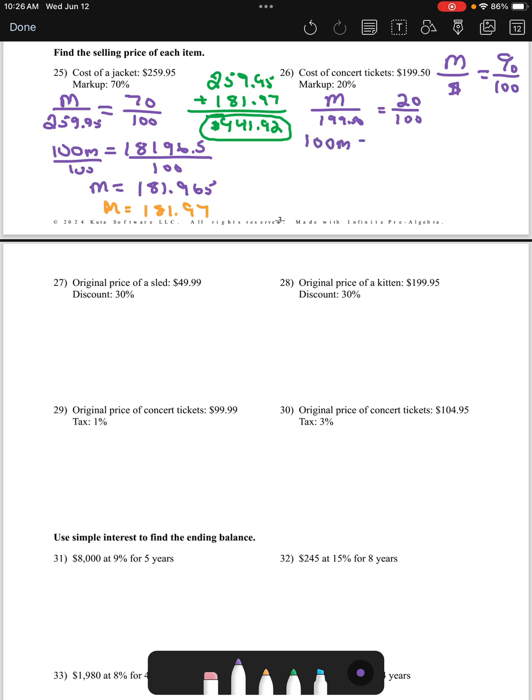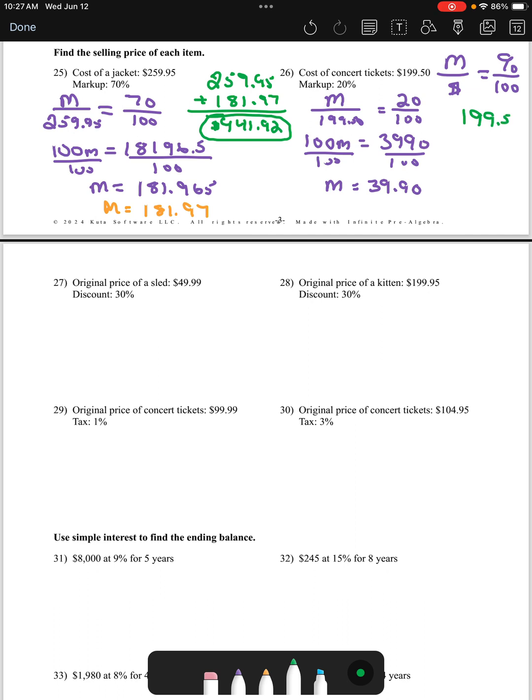Cross multiplying will get me 100M equals 199.5 times 20 is 3,990. Dividing both sides by 100 gets me a markup of 39.90 perfectly. And that's 2 digits, so that's absolutely fine as a markup. Money is 2 decimal places.